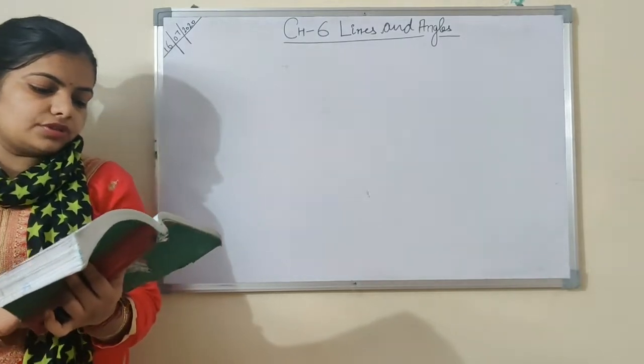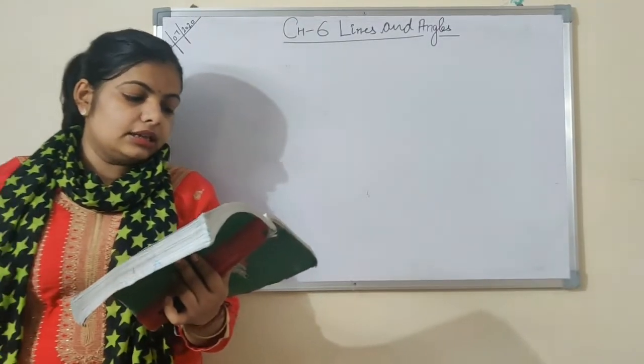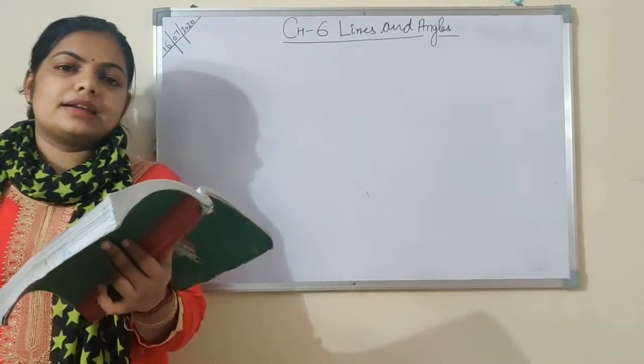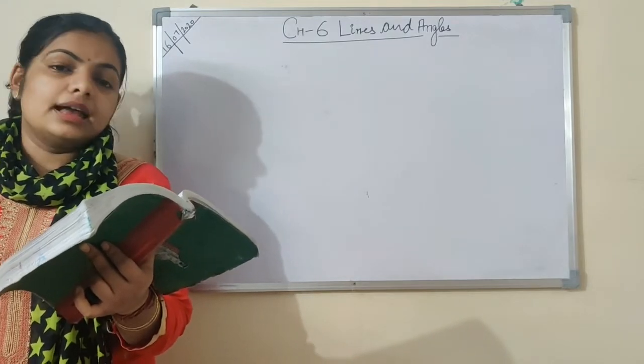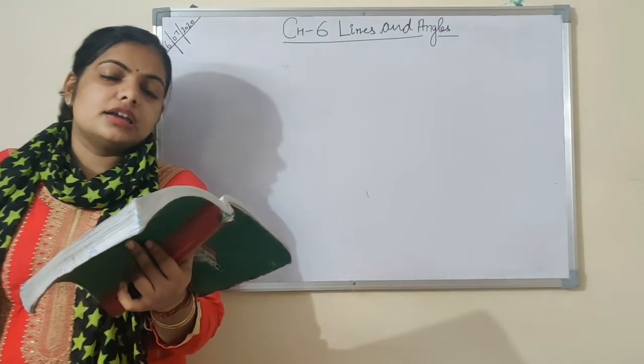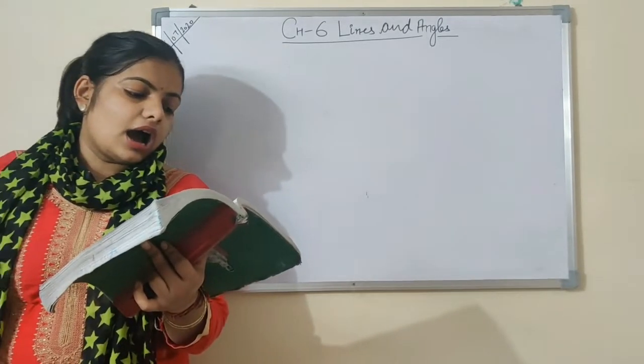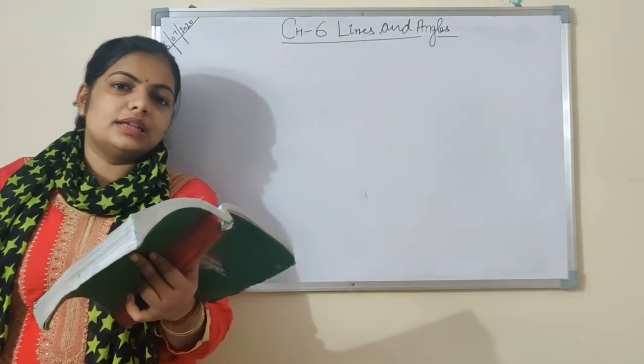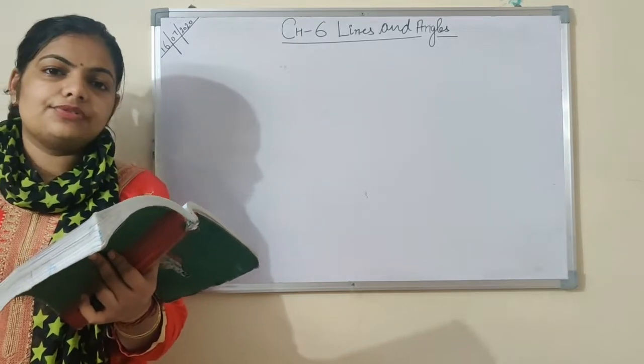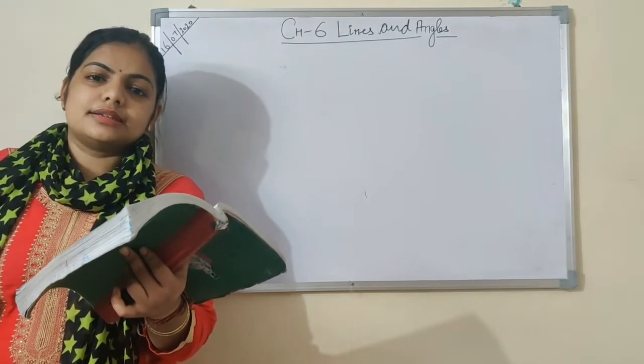Now what does question number 4 say? It is given that PQ is parallel to ST, angle PQR is equal to 110 degrees and angle RST is equal to 130 degrees, then we have to find angle QRS.